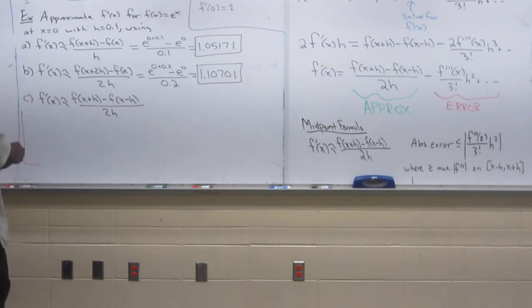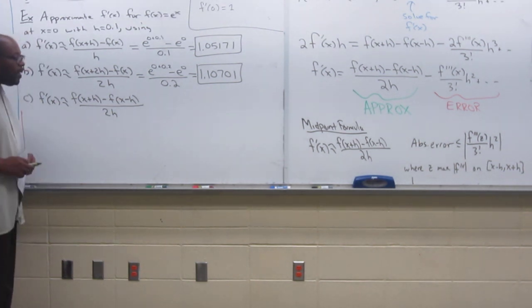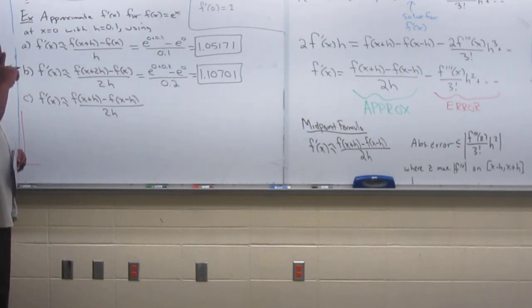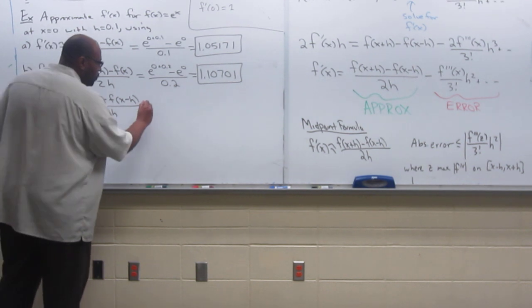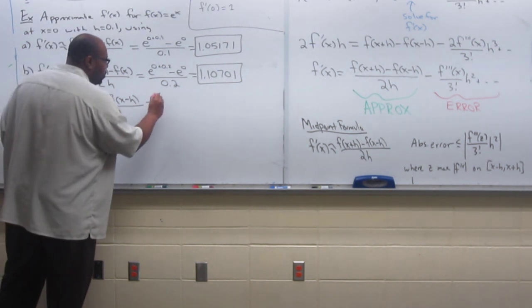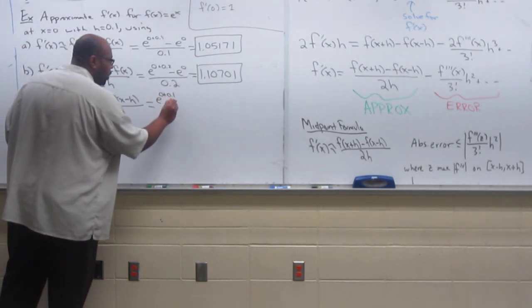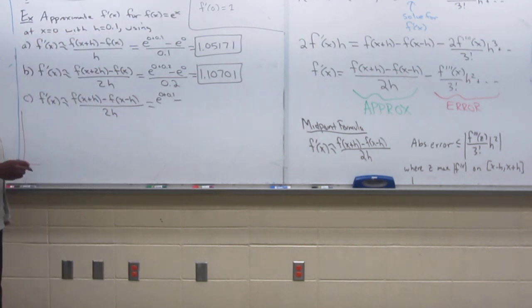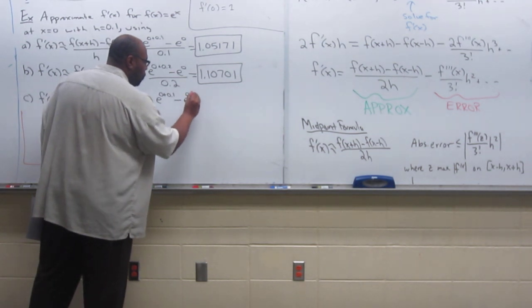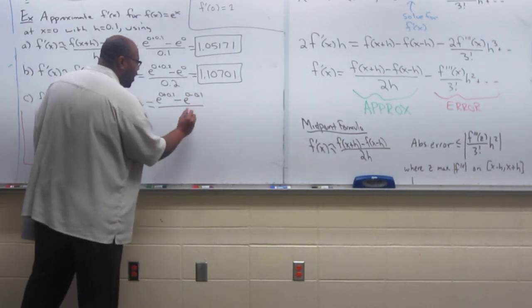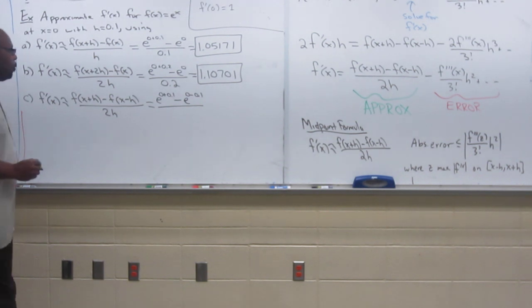What about the last one here? My midpoint difference formula. F of x plus h, so let's do that. It's going to be e to the 0 plus 0.1 minus f of x minus h, that'll be e to the 0 minus 0.1, all that divided by 0.2, right?